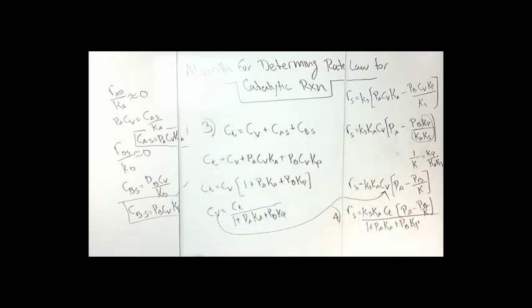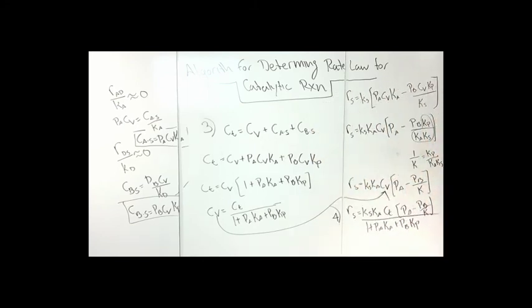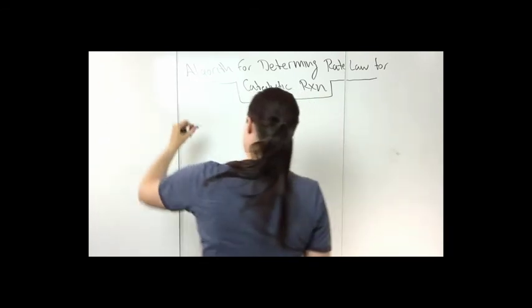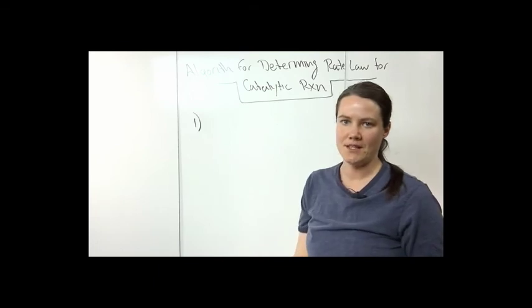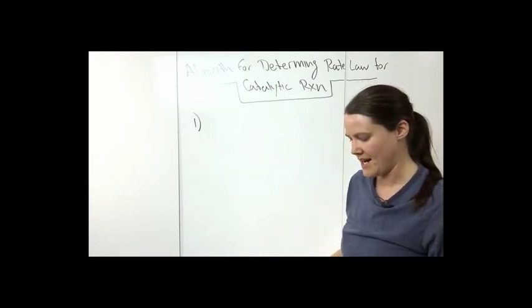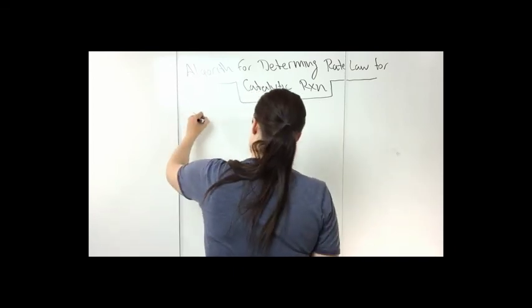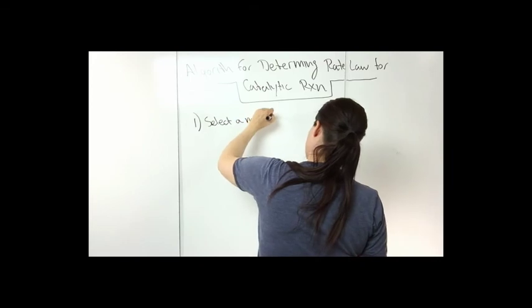I'm going to erase the board, and then I want to write down the algorithm real quick, just so it's outlined. These are also the steps on that table I showed you at the beginning of this video, so I highly recommend looking at that table. I think it's really helpful. Step number 1 is select a mechanism.